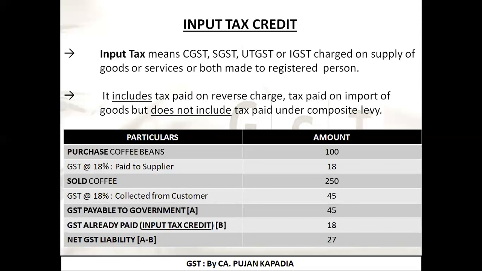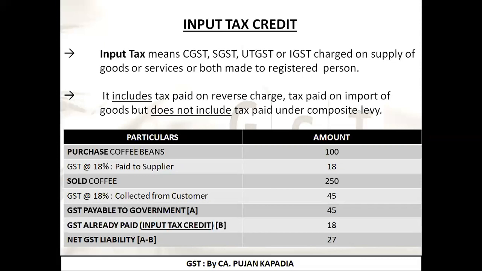If you want to avail that option, you adopt the composition scheme, that is composite levy. We are going to deal with it in detail in the last part of this chapter, so I am not going into detail now. Just remember one thing: if you are paying any kind of tax under composite levy, it is not a part of your input tax.